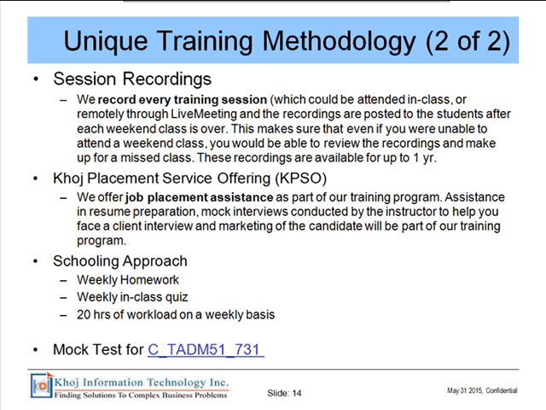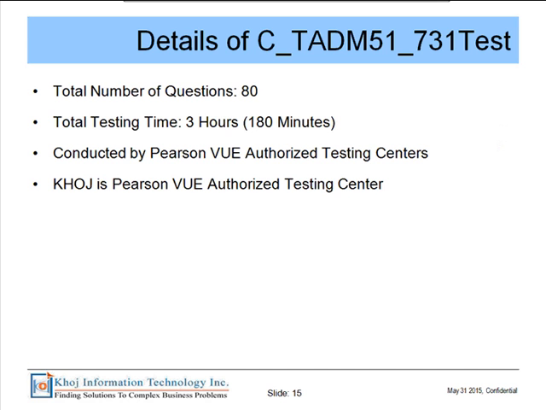What is the other unique aspect, right? We actually provide you with mock certification exams so that you can learn effectively, you can gauge yourself where you stand. So if we look at the certification exam, which I showed to you a little while ago, C_TADM51, that means the Oracle version, 731 is the SAP NetWeaver release.